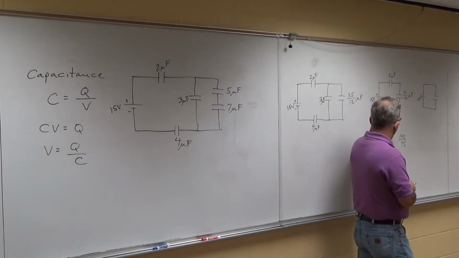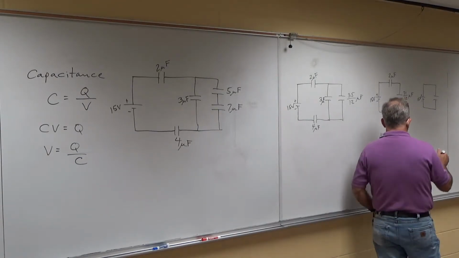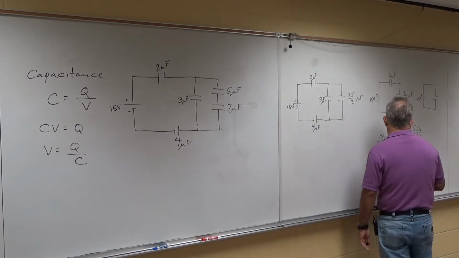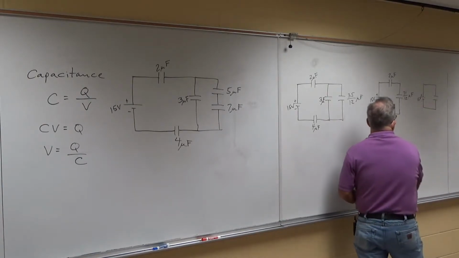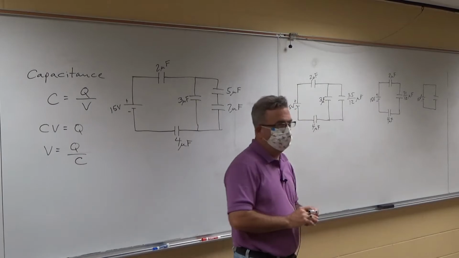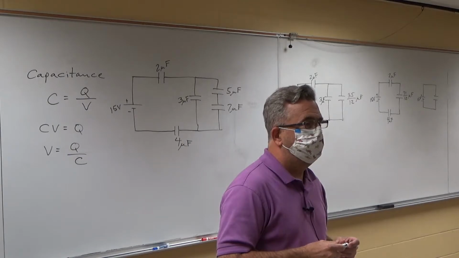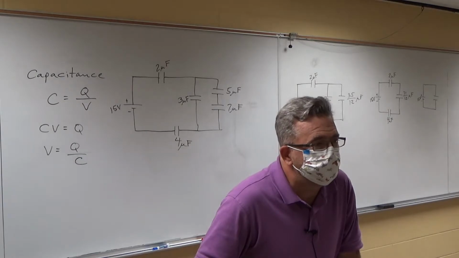And then, all right, that's 566 over 95. Ooh, I don't know. What do you get for those 3 in series? 11.9167. What size? It's got to be less than 2.